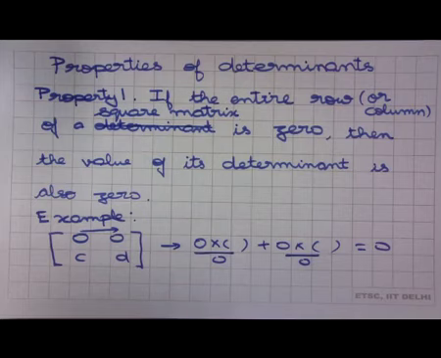And one can imagine doing this for a general n by n square matrix. Just expand along a row or expand along a column. If it is entirely 0, then the value of the determinant is going to be 0. Okay. So, this is a simple property, but something that is good to make a note of.